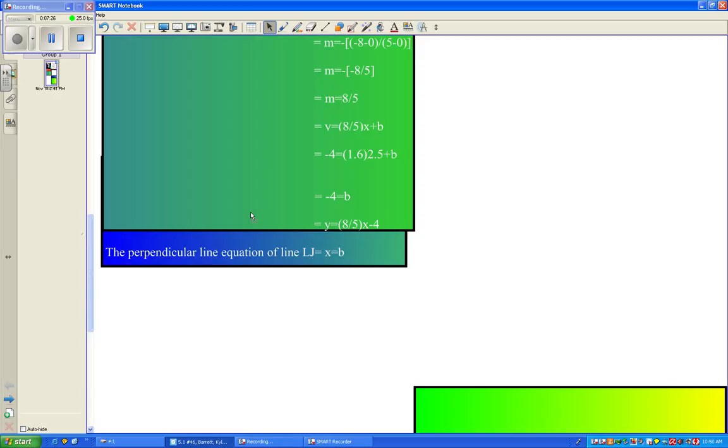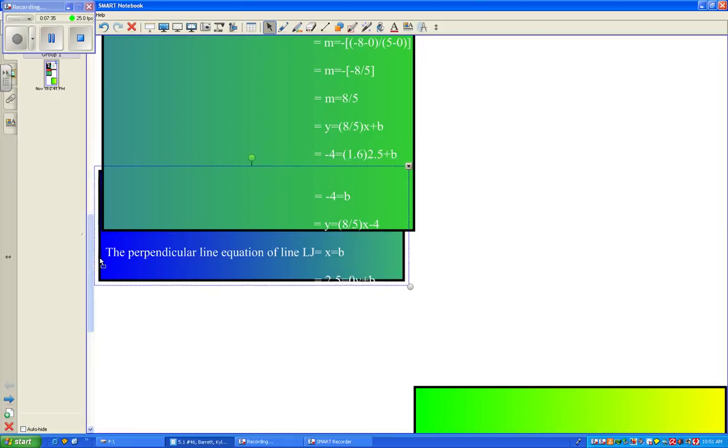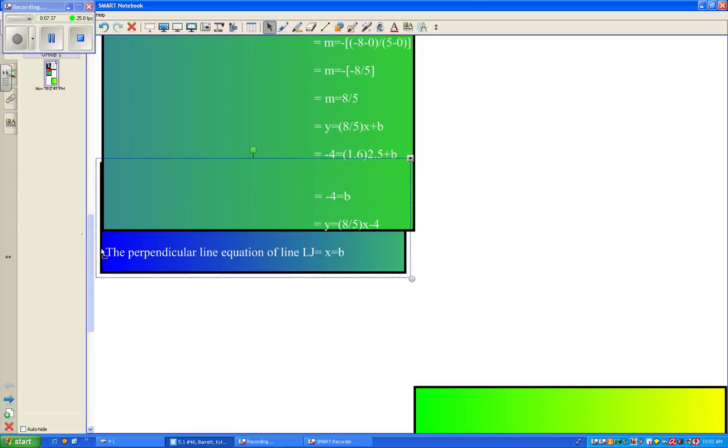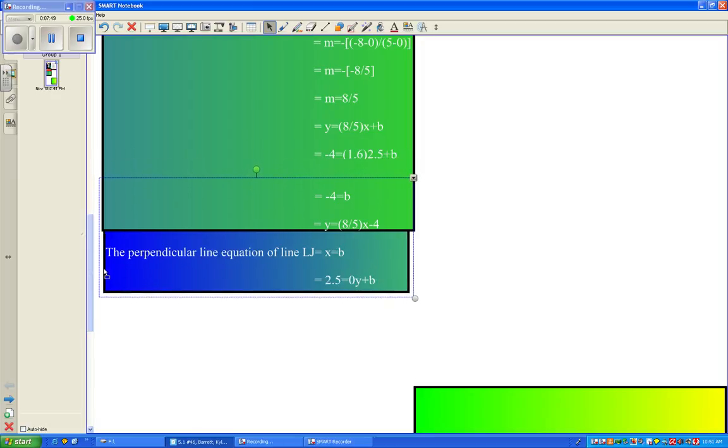So we're going to plug the midpoint into that equation, and that's going to be 2.5 equals 0y plus b.